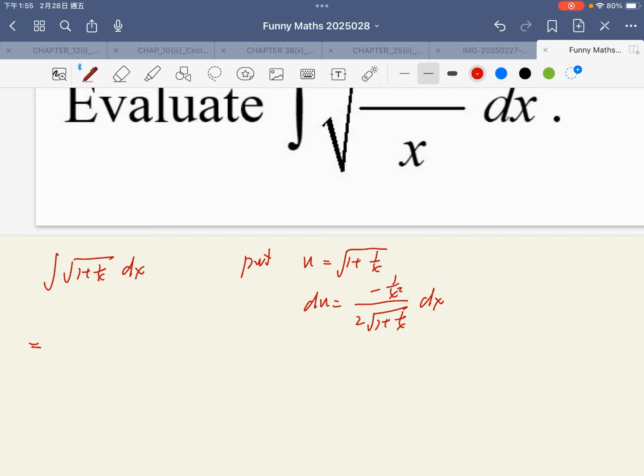Then I try to change this format, but before that, I have to change this form also. Now both denominator and numerator are divided by this one. The numerator becomes this, the denominator is x plus 1 over x, and the numerator is the square root of 1 plus 1 over x, then dx.